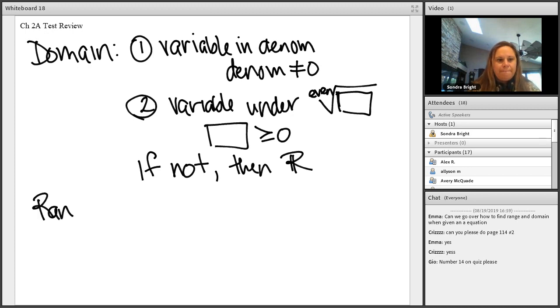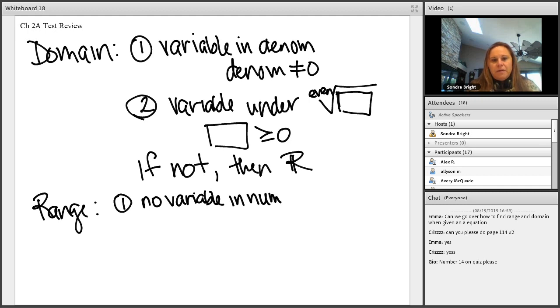For range, you need to look for a couple of things, a little more. You need to look for if there is no variable, if you've got like a fraction, if there's no variable up top in the numerator. Well, then your y will never equal 0.